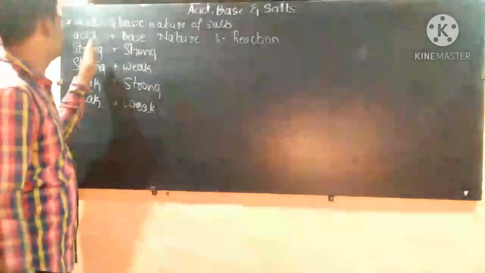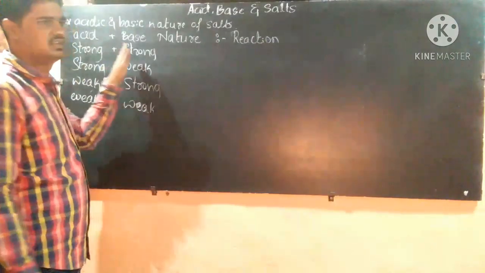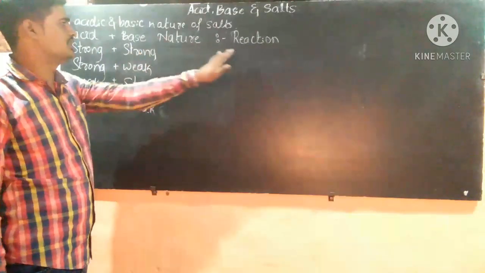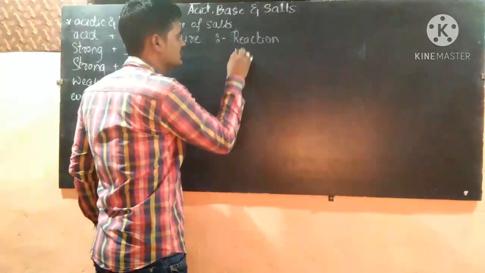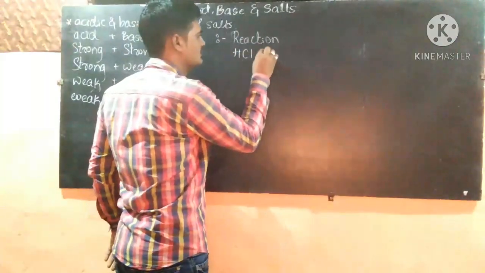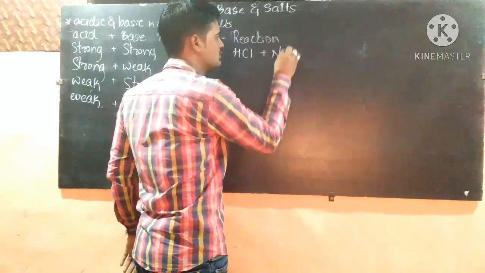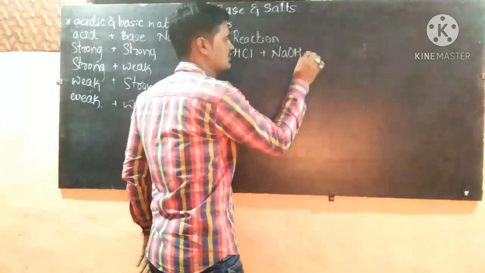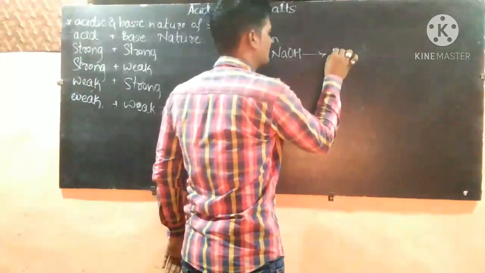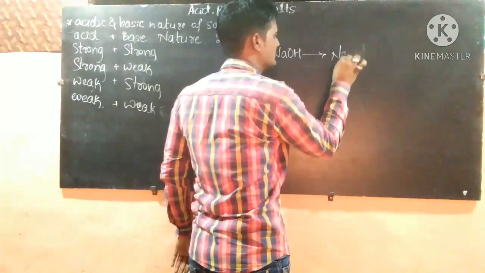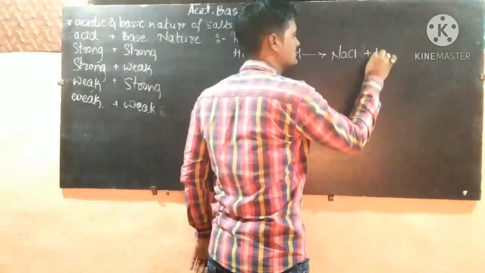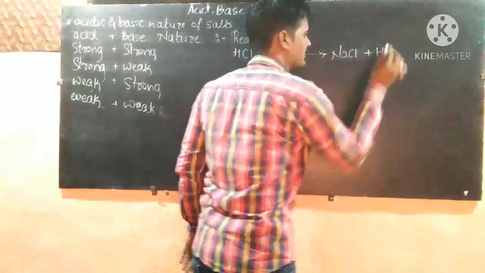By taking the strong acid and strong base, we will write the chemical reaction. Strong acid is HCl, plus sodium hydroxide, the strong base. The resultant products formed are NaCl, the salt, plus H2O.